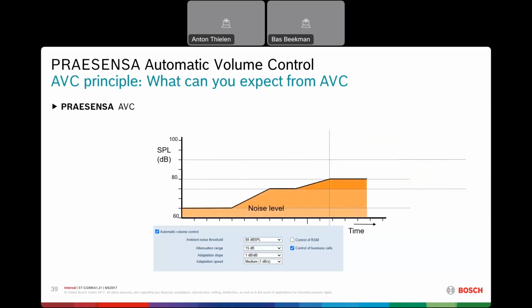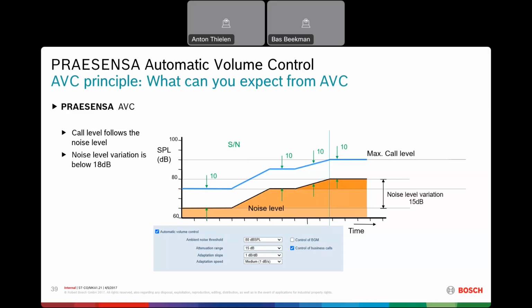PRAESENSA AVC means the call level follows the noise level. So here you have the ideal solution, where everywhere you have this 10 dB until the maximum call level, and the noise level is adapted when you have this set.